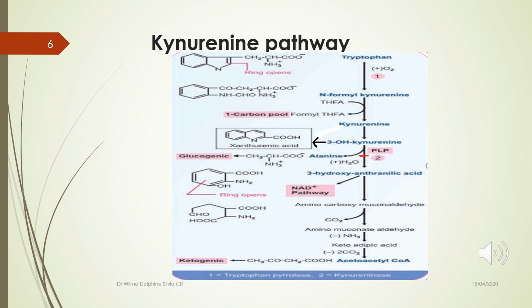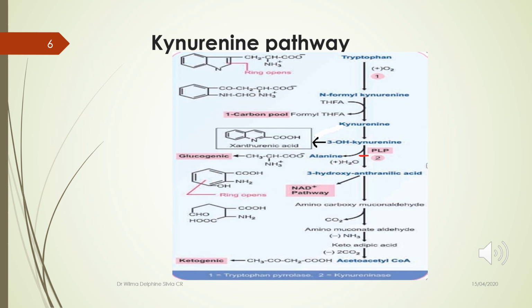In the next step, 3-hydroxykynurenine is converted to 3-hydroxyanthranilate and alanine in the presence of the enzyme kynureninase. Kynureninase is a pyridoxal phosphate dependent enzyme, and the alanine obtained in this reaction is a glucogenic intermediate.